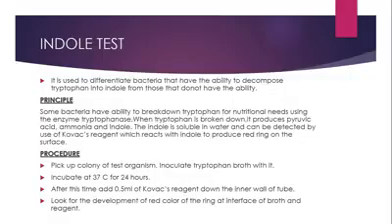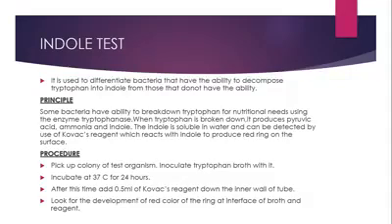So coming up to the first one, the indole test. This is used to differentiate bacteria that have the ability to decompose tryptophan into indole from those that do not have the ability. In all these tests that I'll be discussing in the coming slides, the main important thing that you have to note down is that we are going to differentiate the bacteria on the basis of the ability to metabolize some of the compounds or products which are specific for each of these tests.